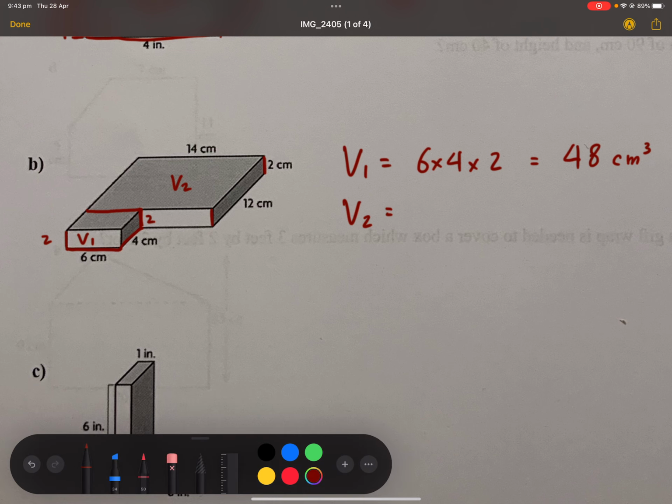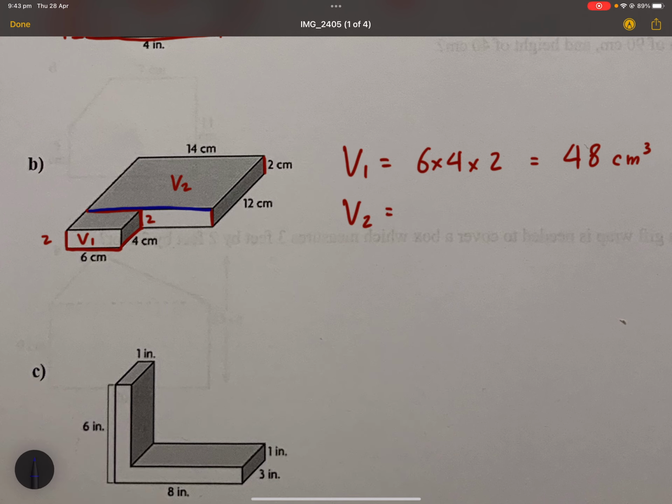I'm going to color this in blue. The length, which is this whole length here, is going to equal the 14, like that one up there. So it'll be 14 times the width, which is this distance here. That'll be 12. Times the height, which is 2. So 14 times 12 times 2.